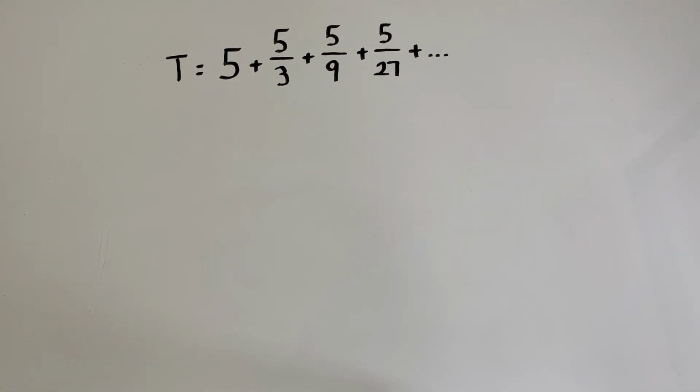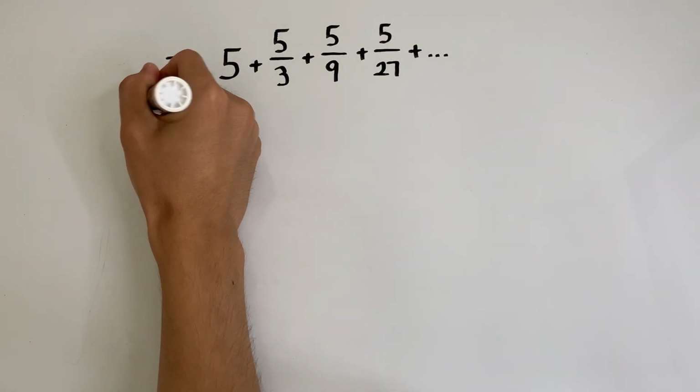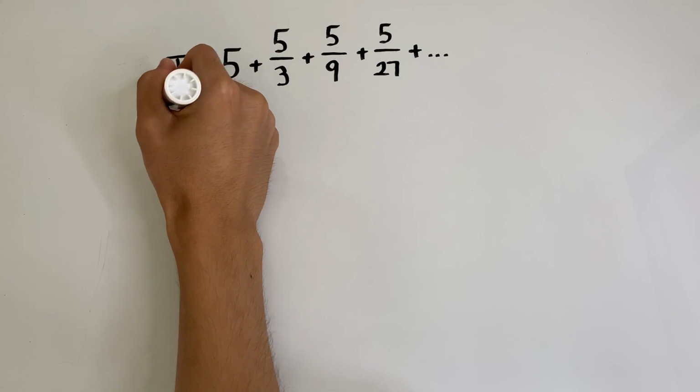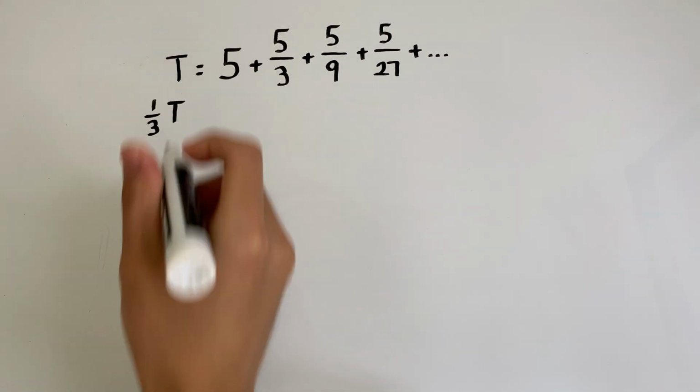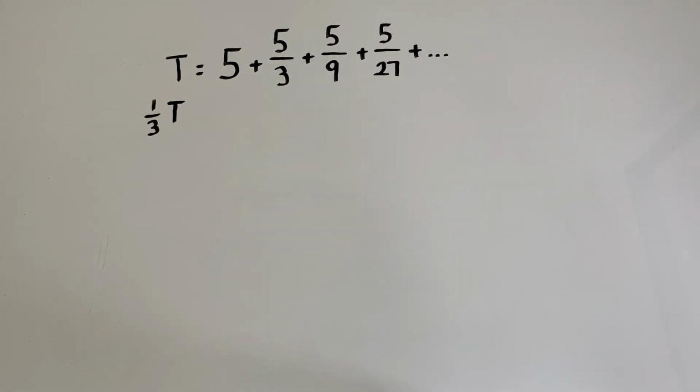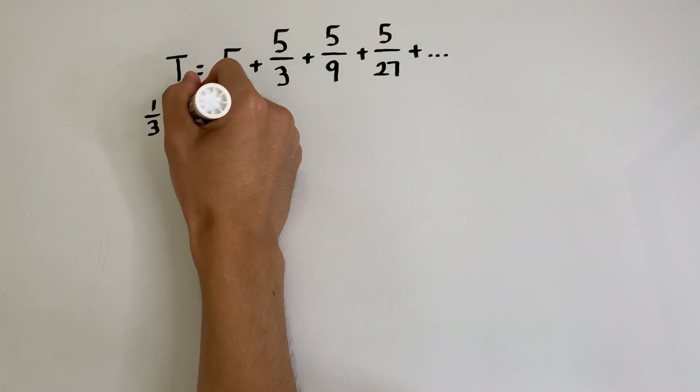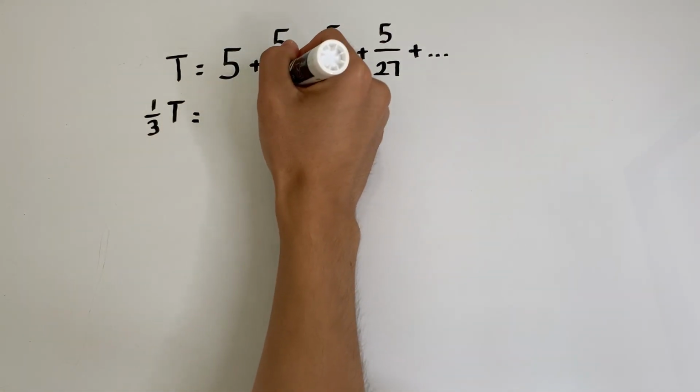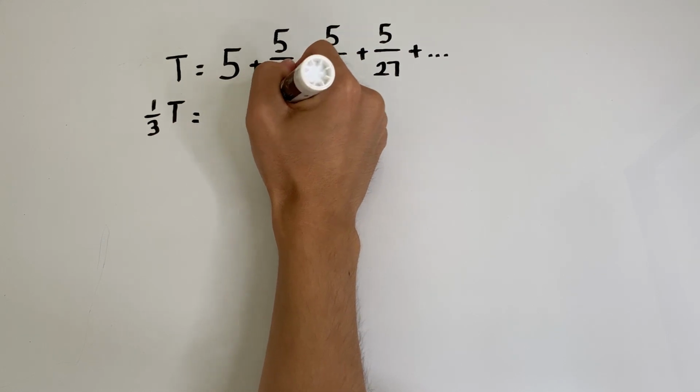So since the common ratio is 1 over 3, our new series is going to be 1/3 T. Because when we do that, we get a new series that looks like this.